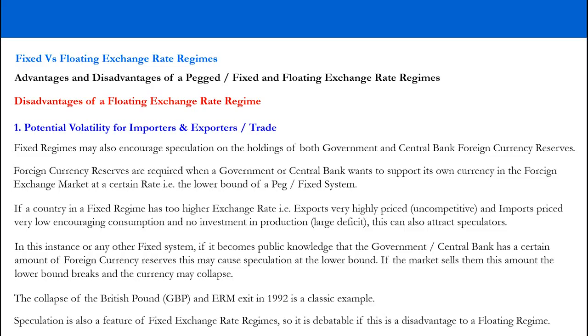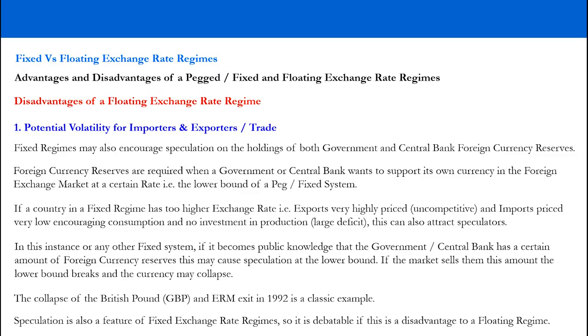fixed system. A fixed system usually has a lower and an upper bound, where basically the central authorities, if the currency value goes below a certain level or touches a certain level, the central authority will use foreign currency reserves in order to buy their own currency in the open market in order to support the currency.